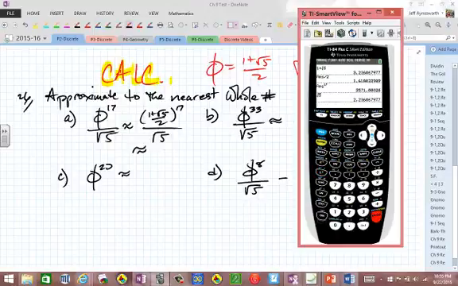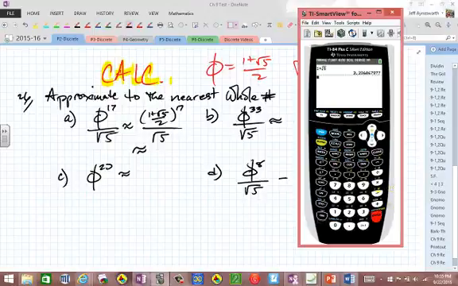That can't be right. Whoops, that's not it. Come on, you've got to press the right buttons. I apologize. Calculators are great, but you've got to press the right buttons.